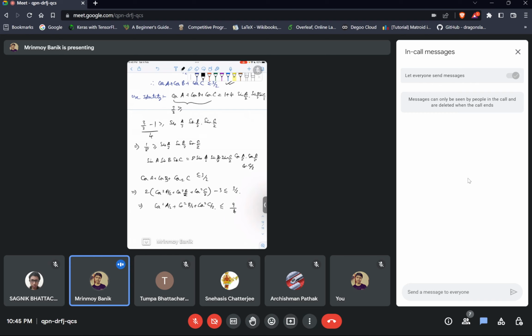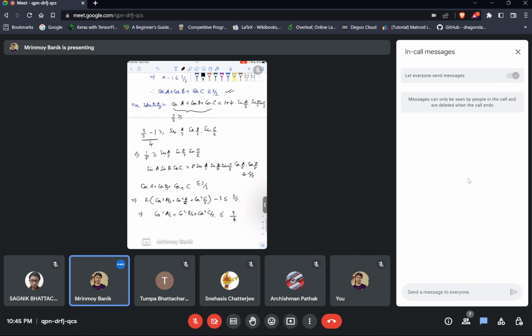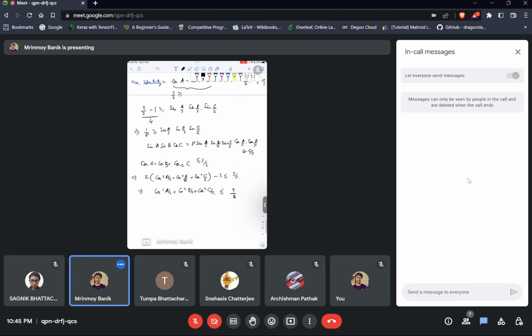And so this is, if we consider the arithmetic mean, this is greater than or equal to 1/3 of 3 times 1/3 of cos A by 2 cos B by 2 cos C by 2 whole power squared.